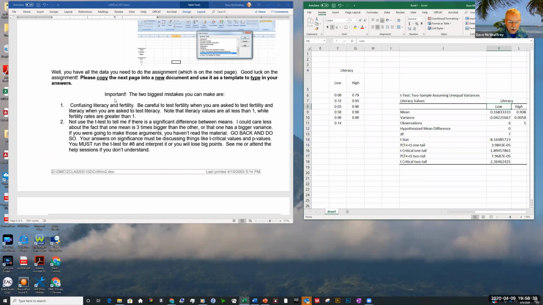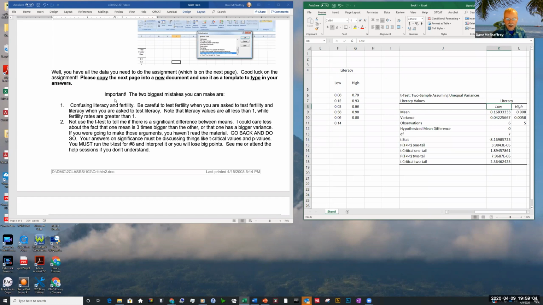When I say test fertility, test fertility. When I say test literacy, test literacy. Remember, literacy cannot be greater than 1. You can't be more than 100% literate. You can't have more people literate than there are in the population. On the other hand, you can have more than one baby. So fertility numbers can be bigger than one and usually are.